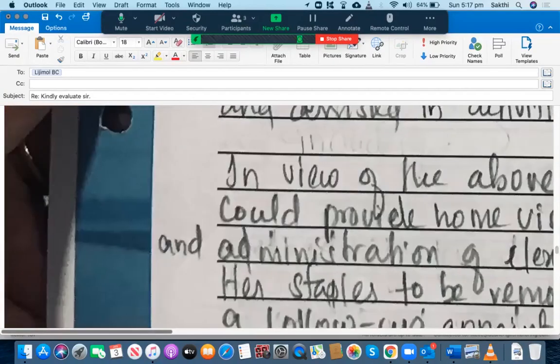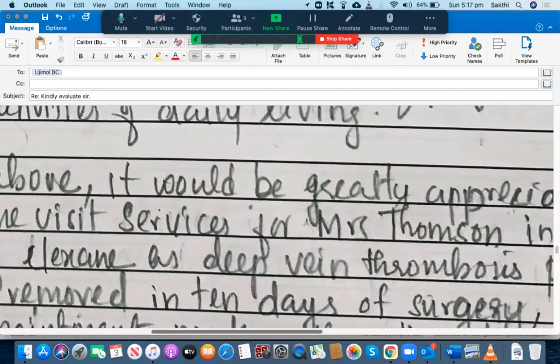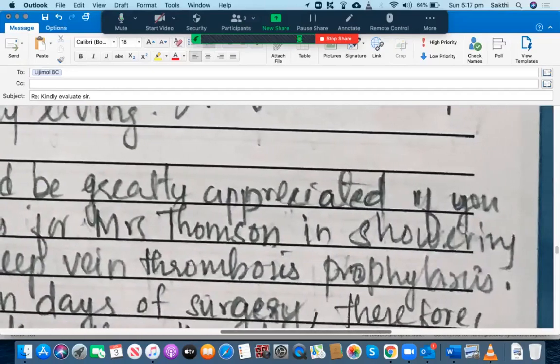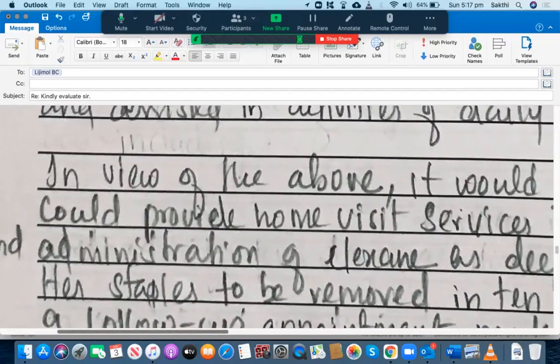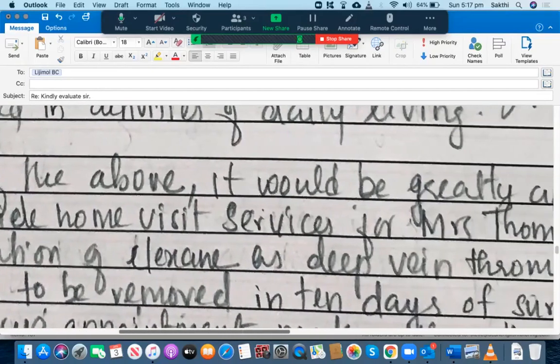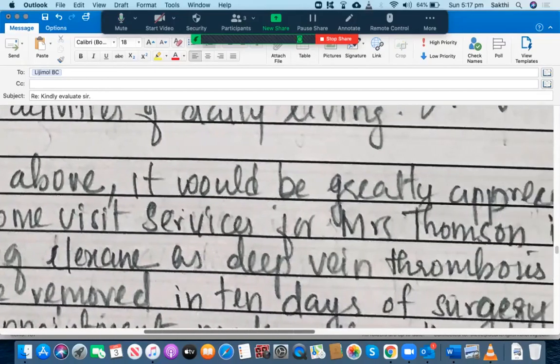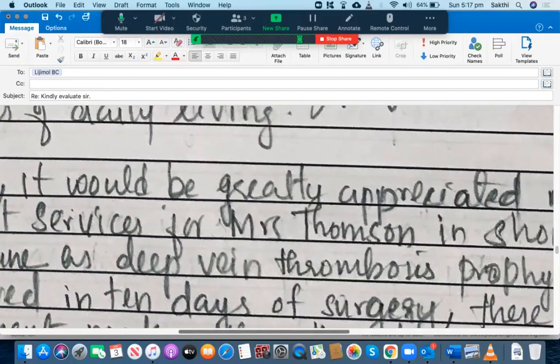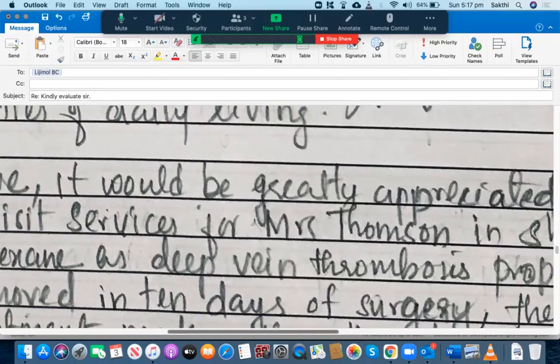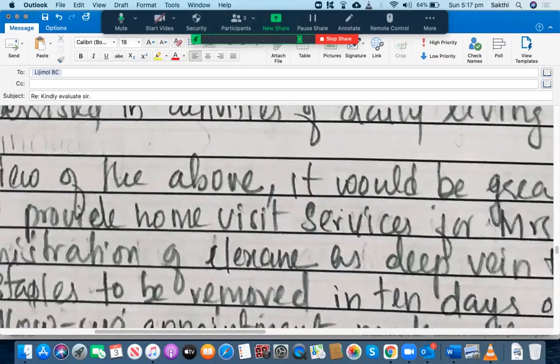In view of the above, it would be greatly appreciated if you could provide home visit services. Instead of writing "home visit services" again and again, and then there is a spelling mistake here, see this one, Thompson. Instead of writing "home visit services" again and again, you could write "if you could arrange a home visit by your team, or if you could arrange a nurse to visit Mrs. Thompson's home."